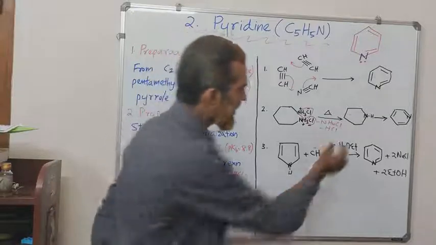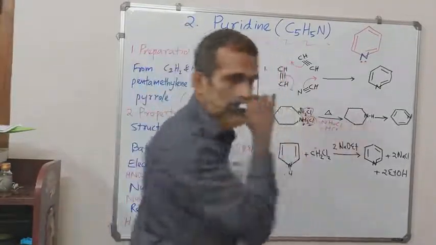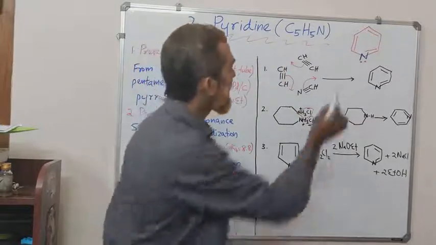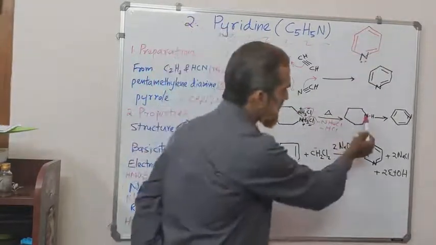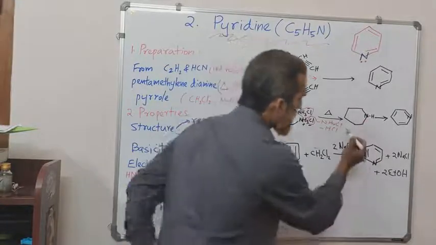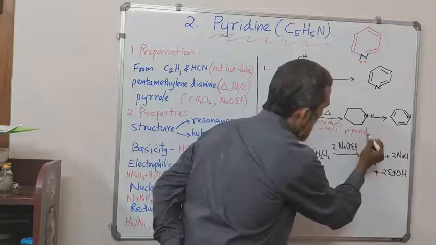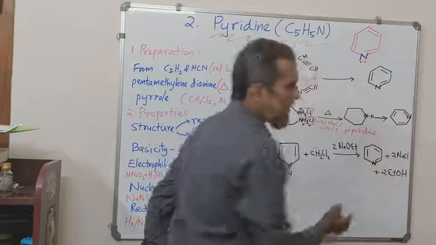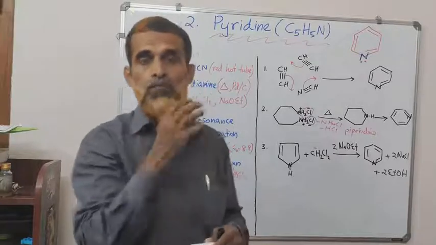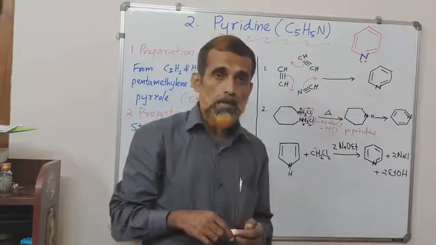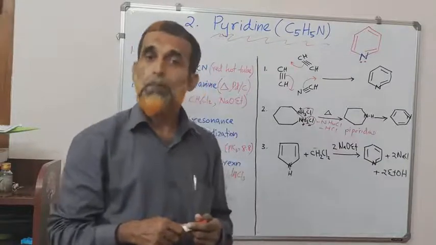What is this compound? This is a saturated analog of pyridine. Pyridine, when fully saturated by adding hydrogen, becomes this. This is called piperidine. Piperidine is an essential constituent of the alkaloid obtained from black pepper, called piperine.